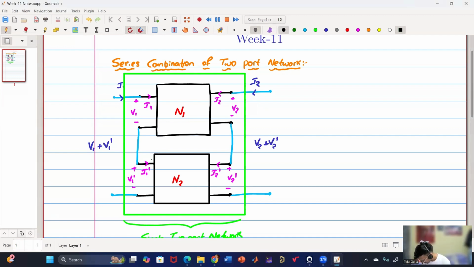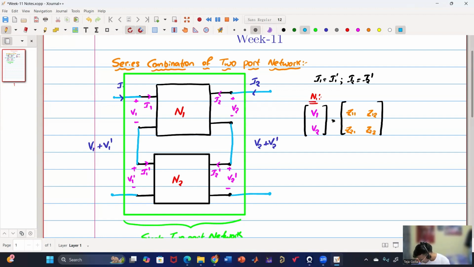So here we have I1 equals I1 dash as well as I2 equals I2 dash. So if I consider network N1, the voltages V1, V2 are equal to parameters Z11, Z12, Z21, Z22 multiplied by currents I1, I2.